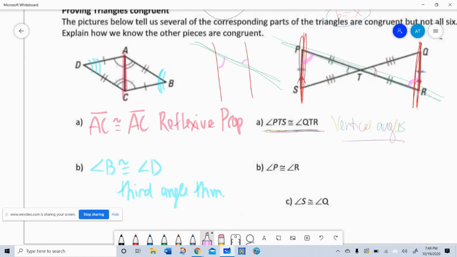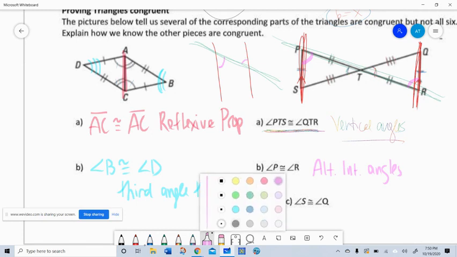Do you remember why? If we have two parallel lines and those guys are on opposite sides of the transversal, we would say that they are alternate interior angles. And so they must be congruent.